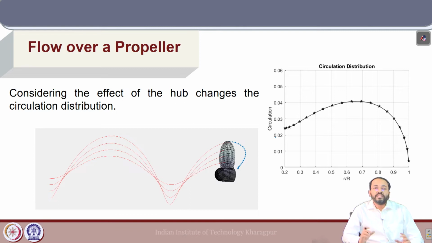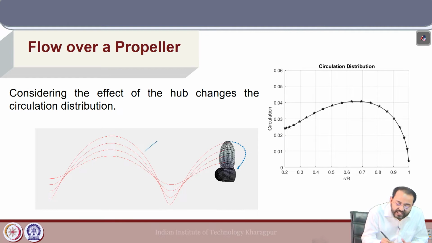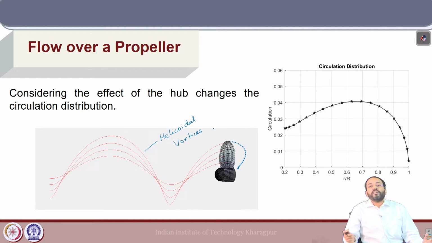Okay. So, this is the vortex sheet generated by the propeller in the wake. So, these are helicoidal vortices which are shed by the propeller blade downstream as it moves ahead.